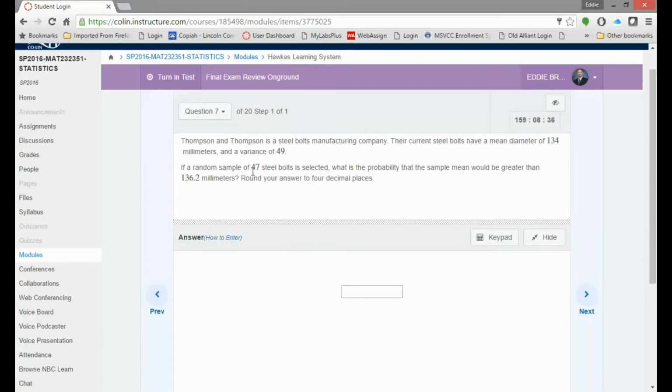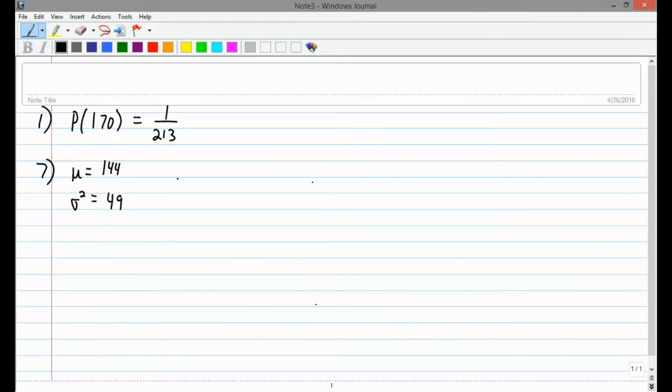If a random sample of 47 steel bolts is selected, what is the probability that the sample mean will be greater than 136.2? So we're going to know the probability that x bar is greater than 136.2.